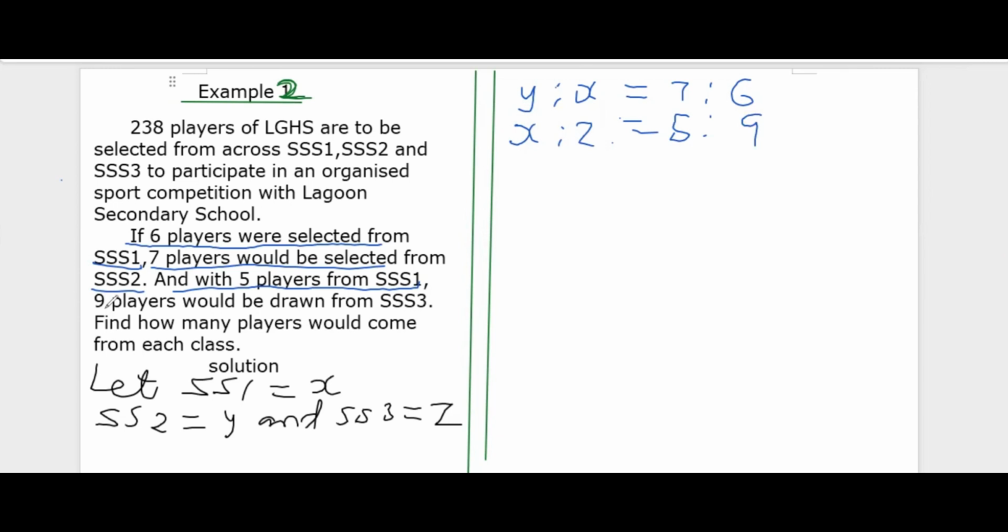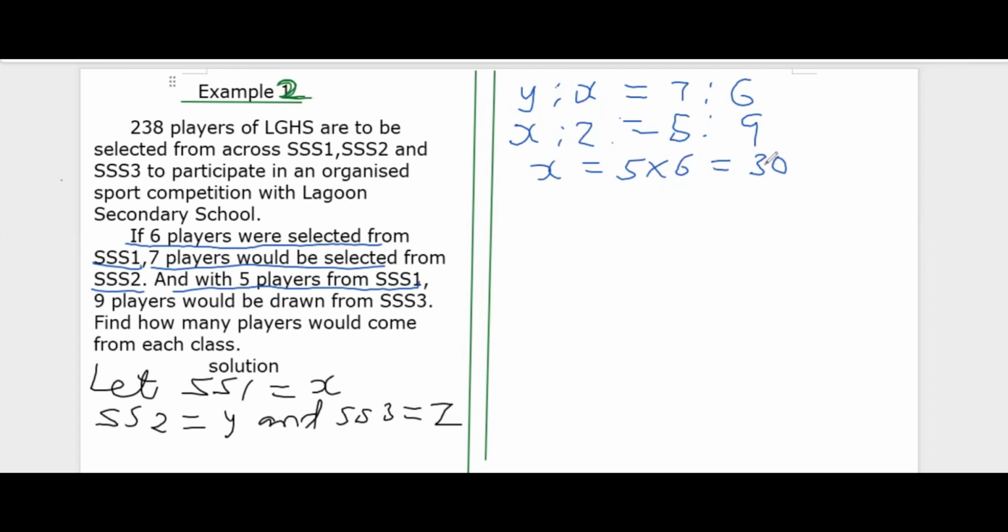If we standardize the middle ratio, we know that the value of X will simply be 5 times 6, which is 30. So if the value of X is 30, and we have 7 ratio 6 here, that means X was originally 30 before it was reduced to 6.